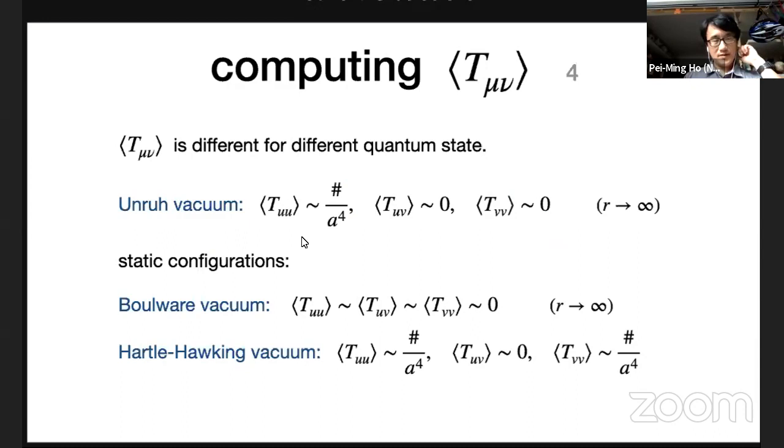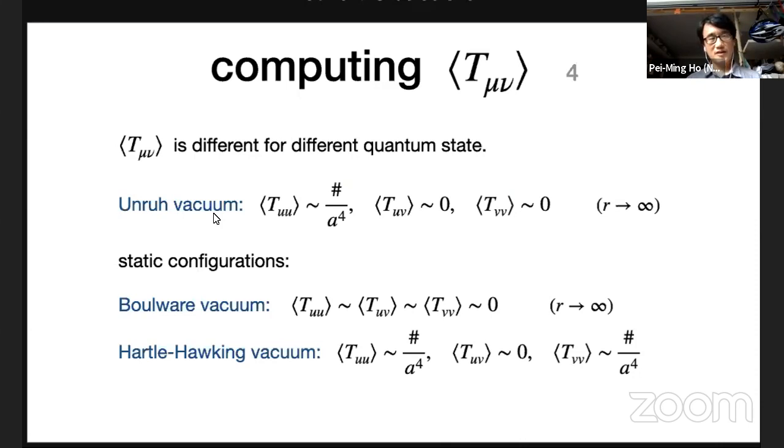However, we should also comment that what we did was the so-called in-vacuum, or Unruh vacuum. This is the vacuum defined in the infinite past when all the collapsing matter is still scattered around a huge area so that the space is essentially Minkowski space.